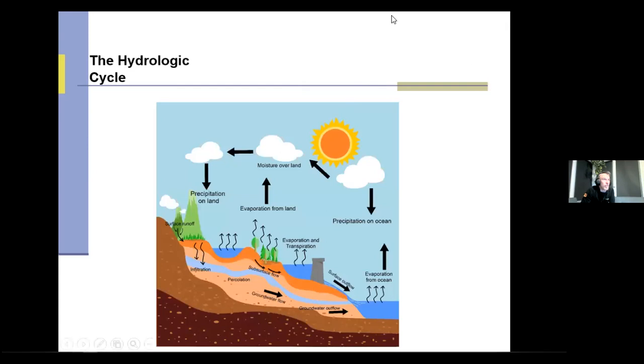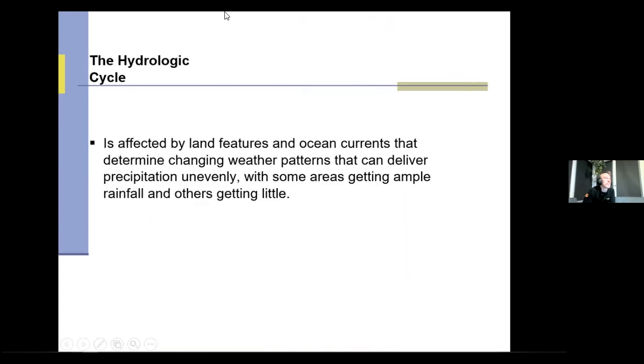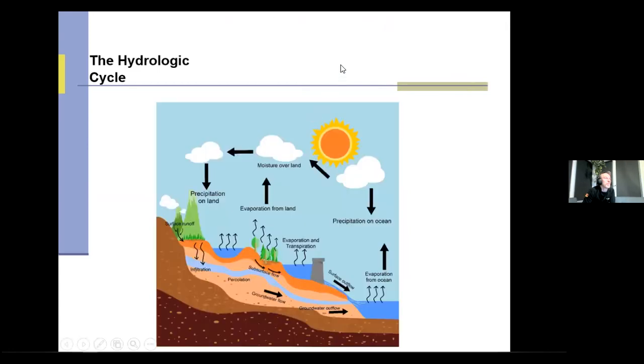What's important to note here, let me just get my little pen here. Oh, there we go. You can see how this is going to work. Let's start with the cloud in the sky here. So we got this cloud, right? And how clouds are formed is evaporation.